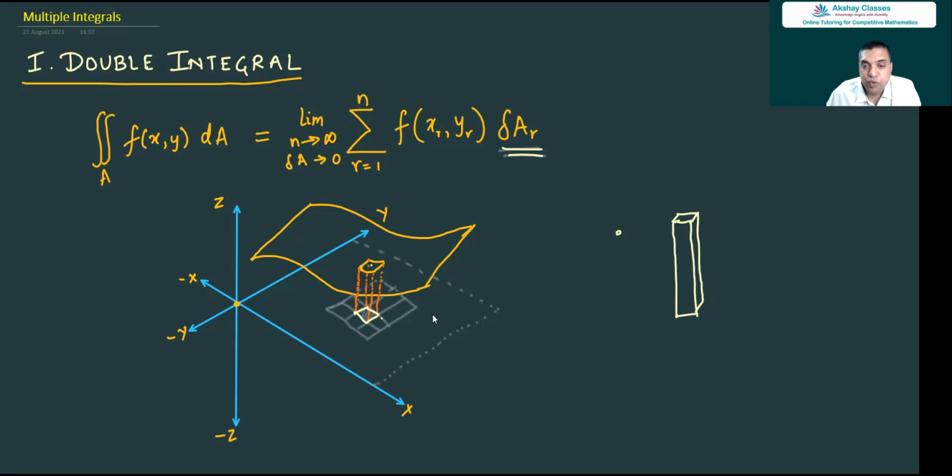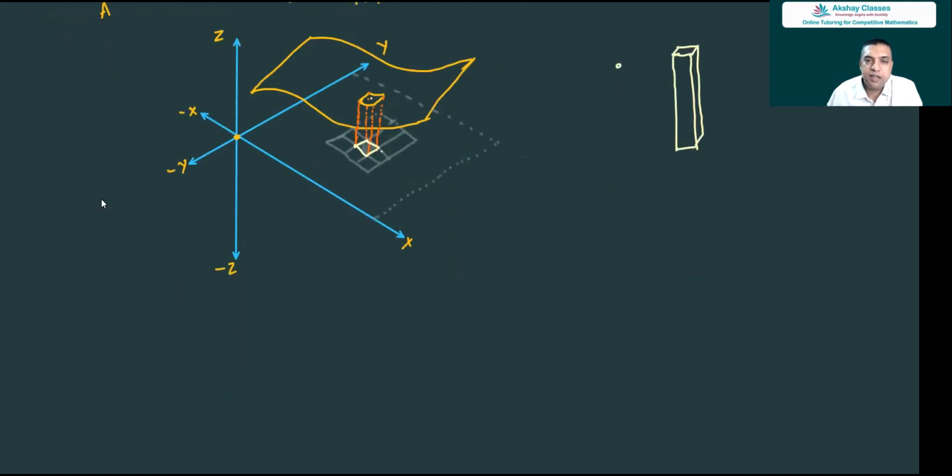Now, when we do this over an entire area, then we get the volume bound by the surface over a particular area. So when you take a projection, you will get the full volume. So the double integral gives us the volume.